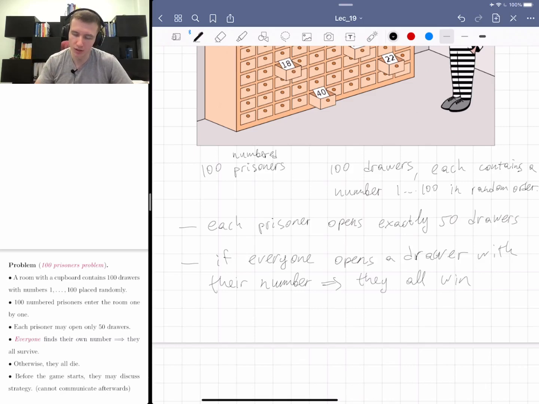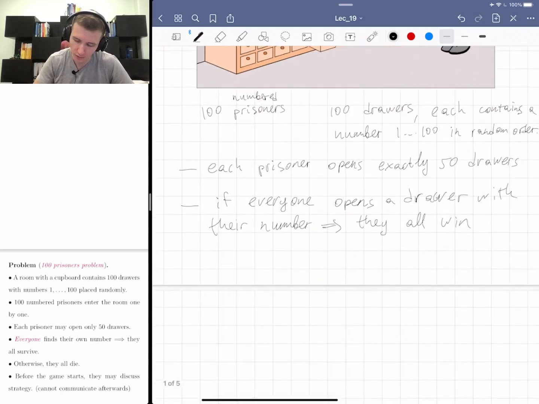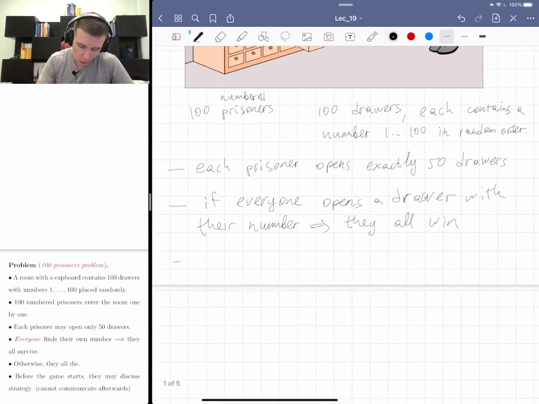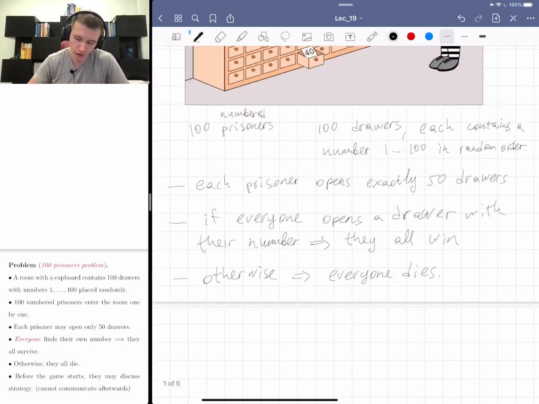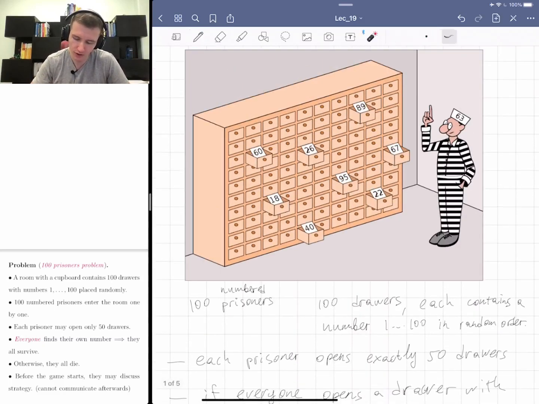Whatever win means for this game. Maybe they get released from prison, and otherwise everyone dies. So you imagine you're a prisoner and you have 100 drawers and you're trying to open 50 of them and find your own number.